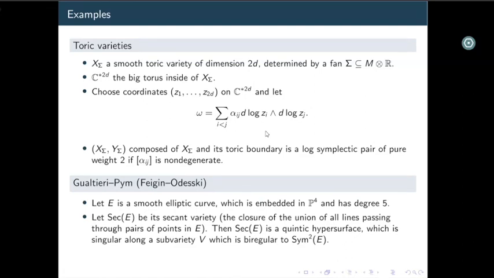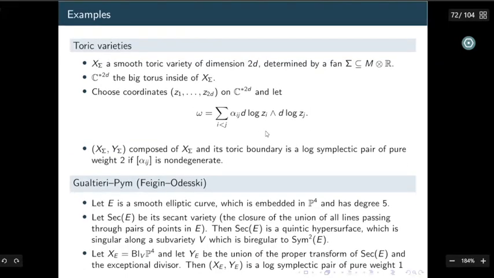Okay, so if you just look at this thing as a pair, this P4 and this variety secant of E, this thing is log symplectic, but it is not log symplectic with a simple normal crossings divisor, since its singularities are pretty bad. So what you have to do is blow up the singular locus. If you blow up P4 in V, this will resolve the singularities of the secant variety, but the price you pay is you add another exceptional divisor.